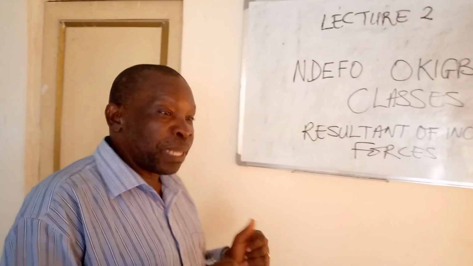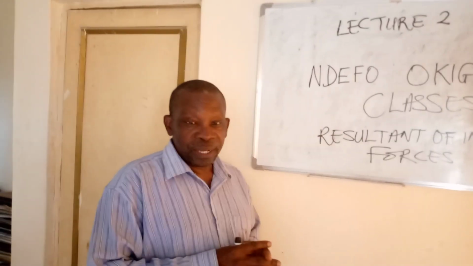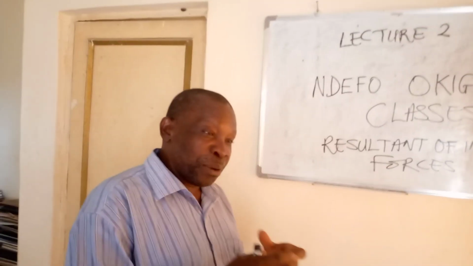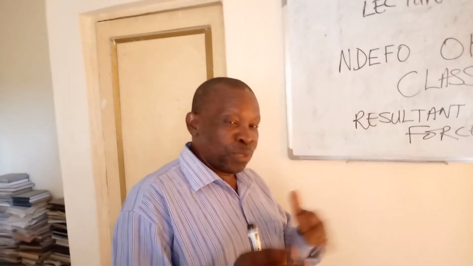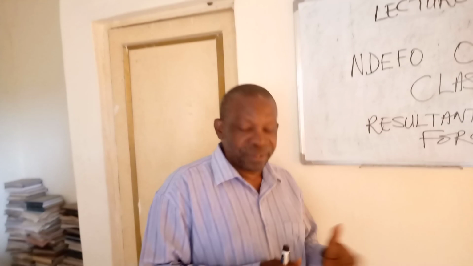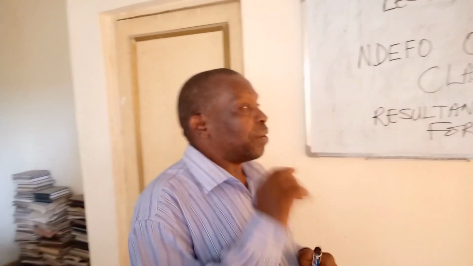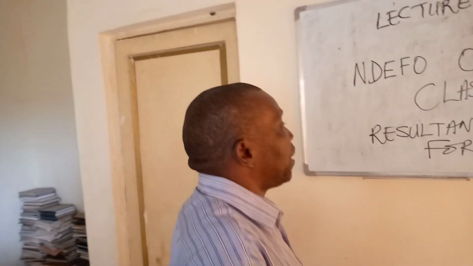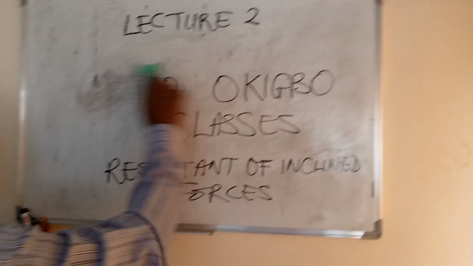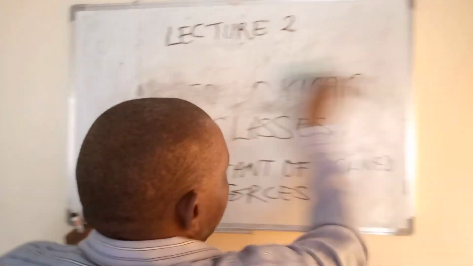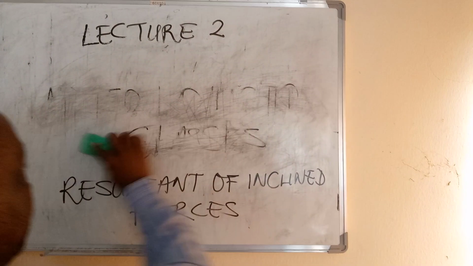We also have the method of rectangle if they meet at an angle of 90 degrees, because the angle between two sides of a rectangle is 90 degrees. So now let us start and talk of how to calculate the resultant of such forces when they meet at an inclination.